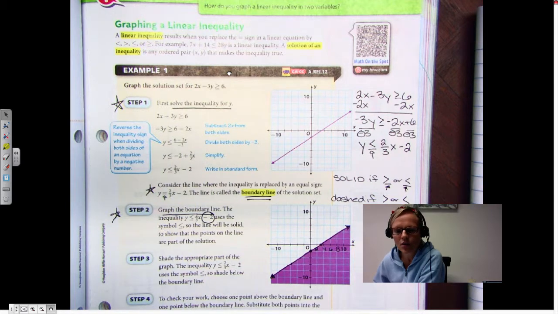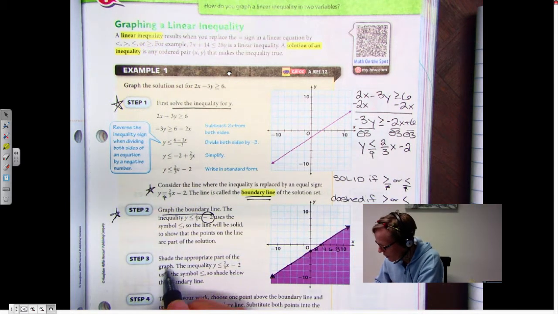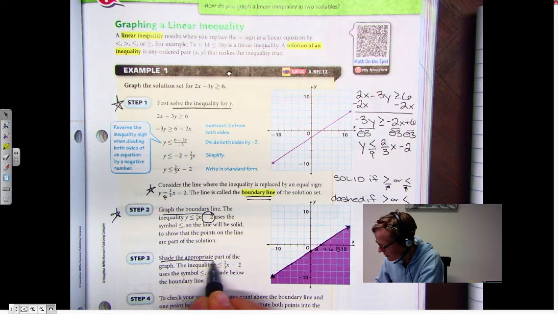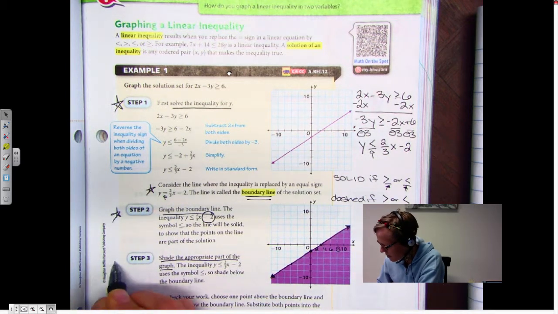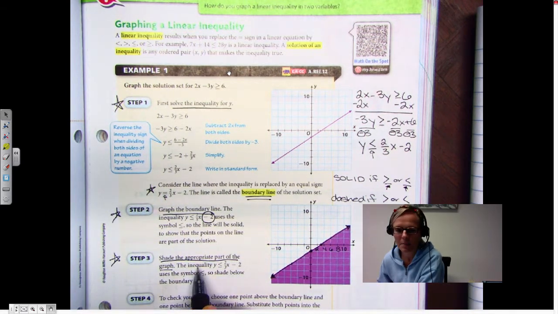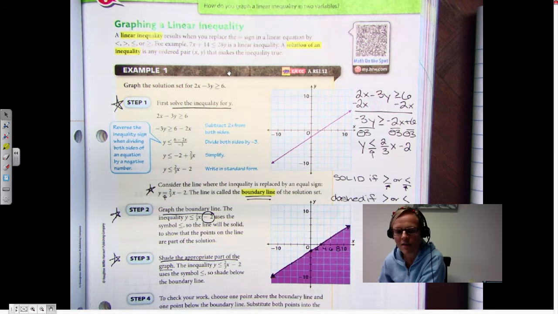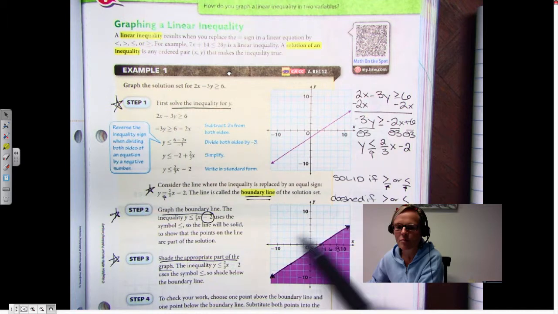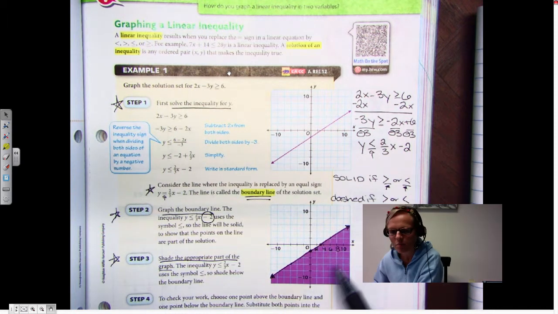Okay, so now our third step is to shade the appropriate part of the graph. Now, some people just do this right away. I have always just moved on straight to step 4 for my graphing, but you can use the symbol's direction to figure out which way you need to shade, either the top half plane or the bottom half plane.